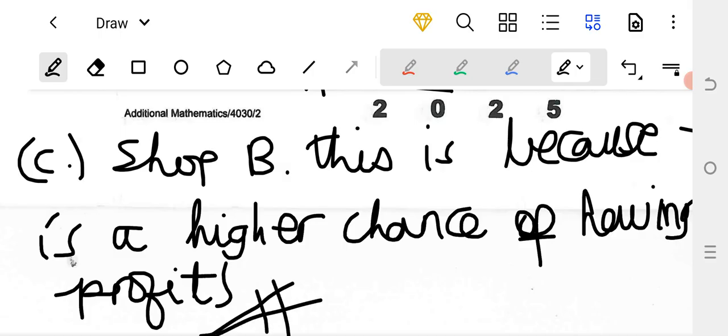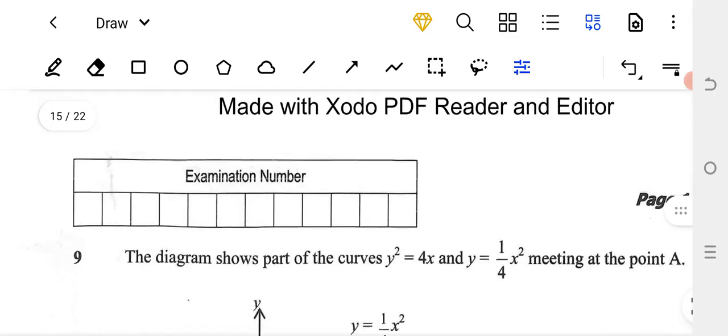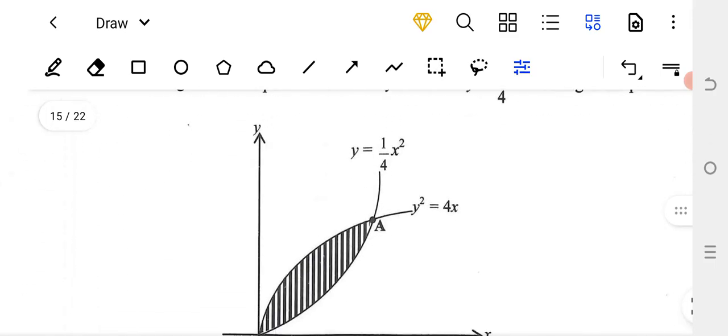That's it. There's a higher chance of having profits. And then we are done.